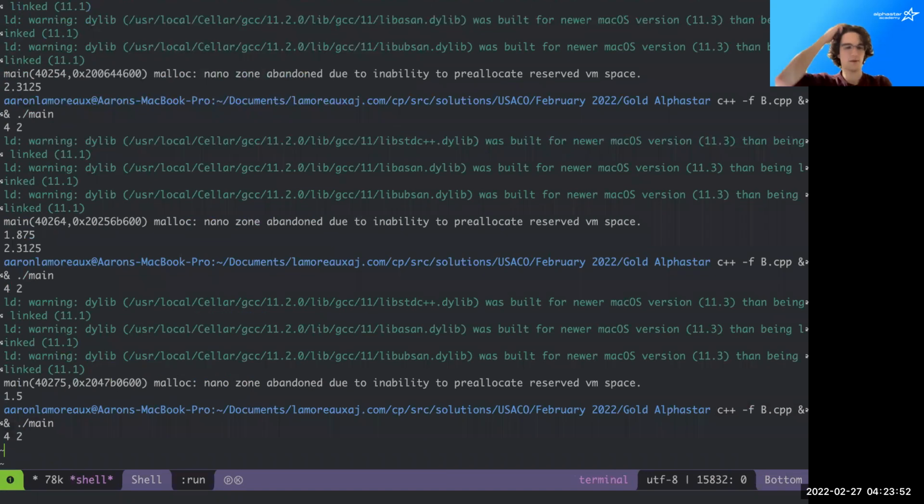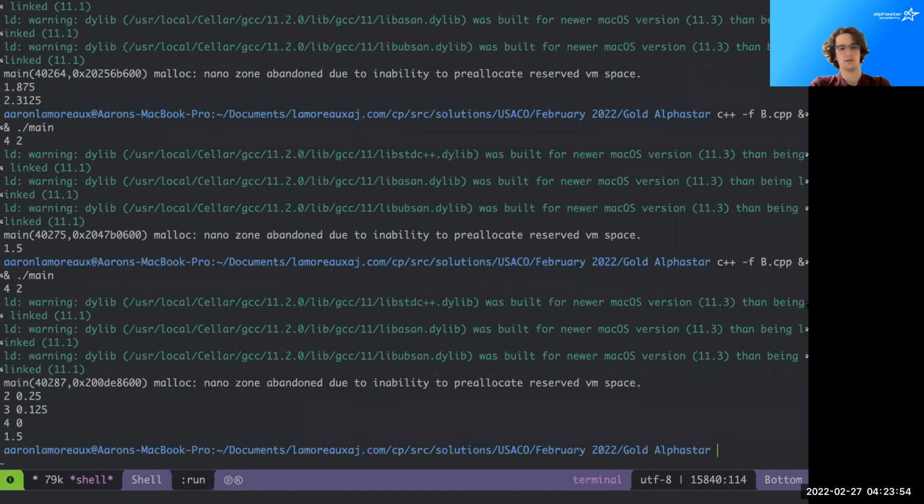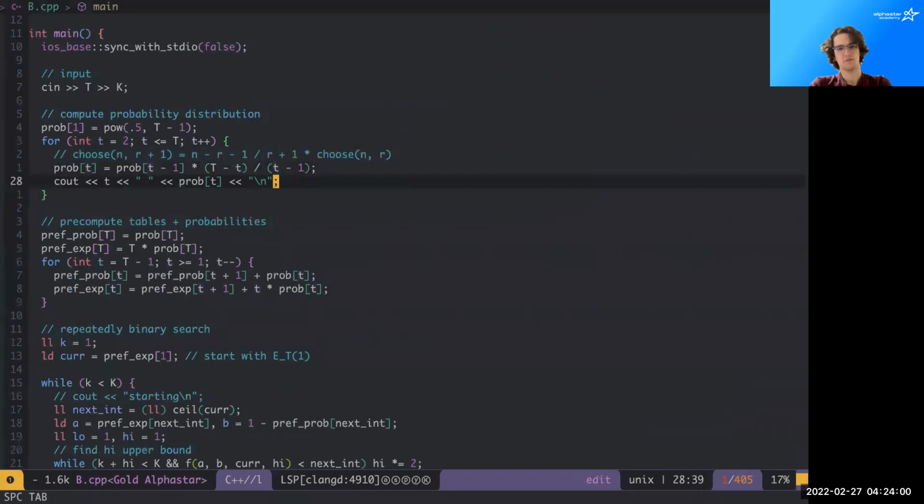Of course, we can work it on paper, but we can also just double check 0.25.